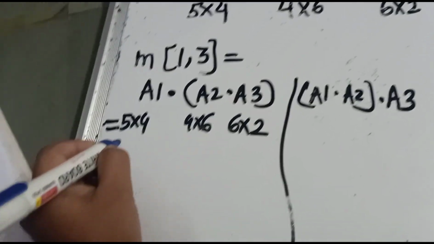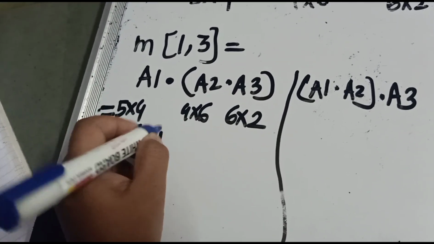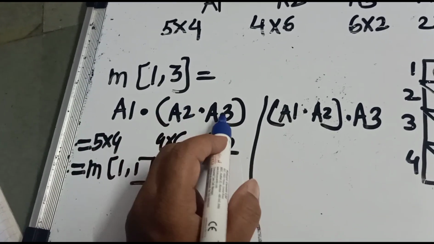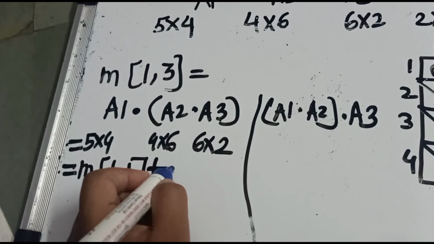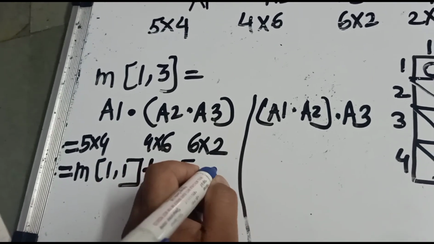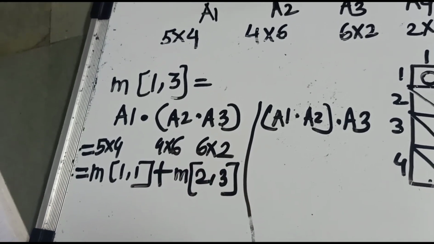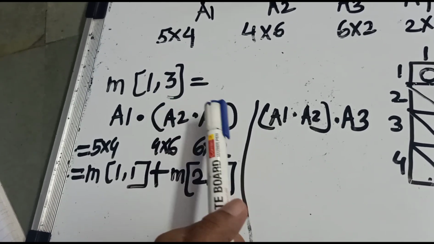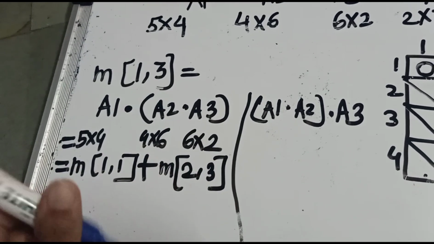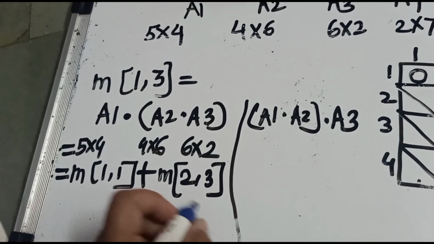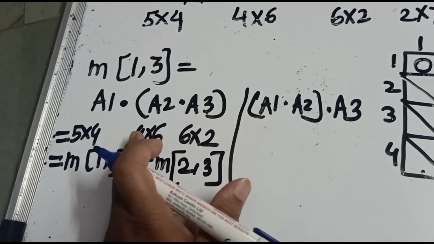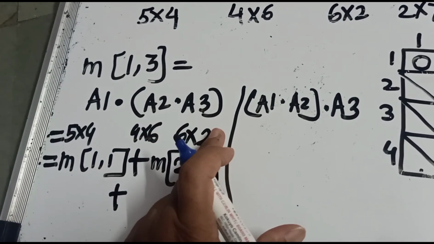So we write m of 1 comma 1, plus A2 into A3, that is 2 to 3, so the value m of 2 comma 3, plus the resultant matrix of A2 into A3, which will be of size 4 by 2.